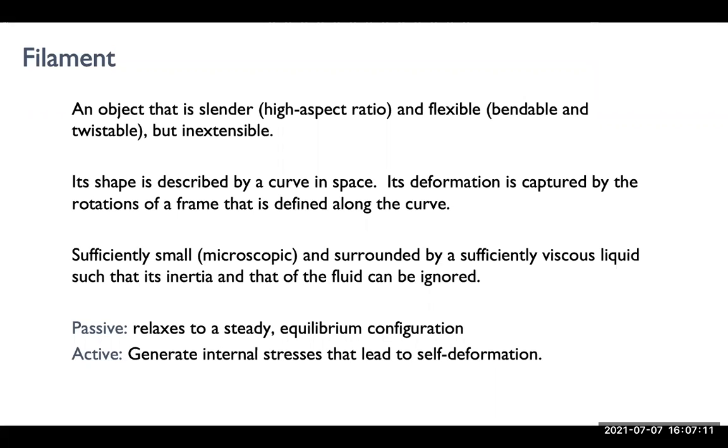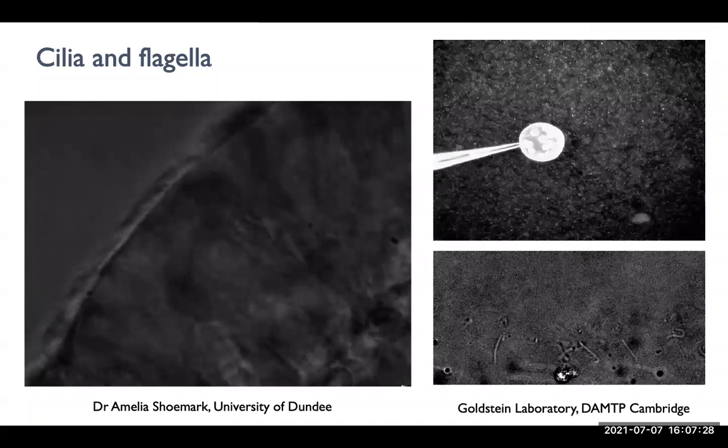We contrast that with an active filament, which is what we'll be talking about today, where we have some mechanism where internal stresses are generated that lead to self-deformation. And we'll be talking about the coordinated motion of a bunch of active filaments.